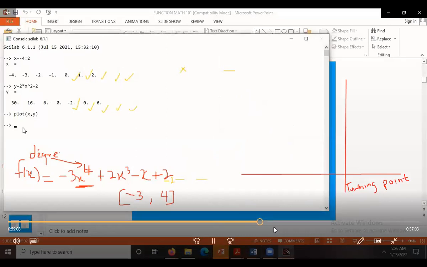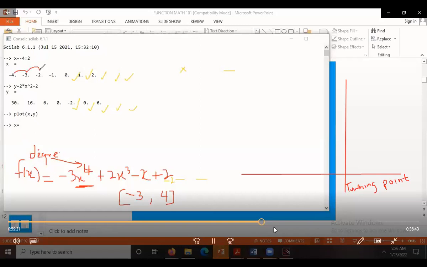Okay. So we'll define our x, which is our domain. Before we do this, I want you to know that in the first case, the intervals were 1, 1, 1, 1.